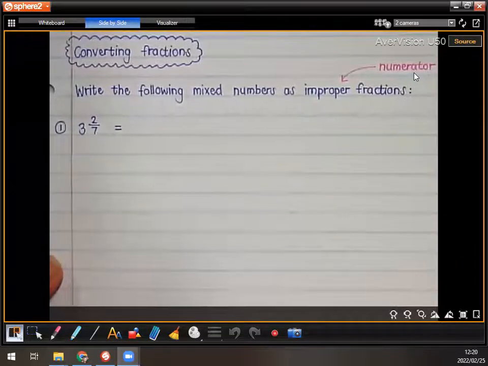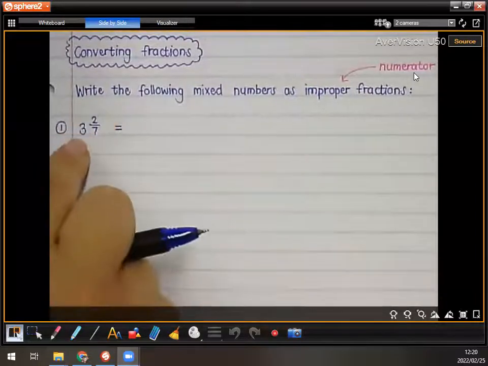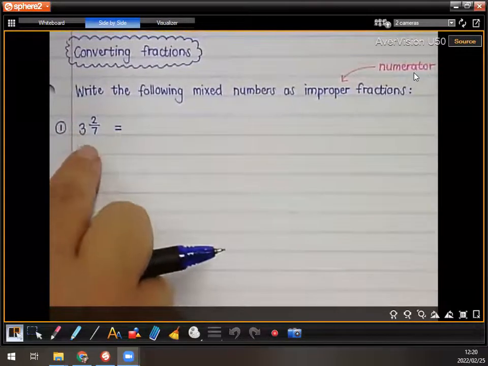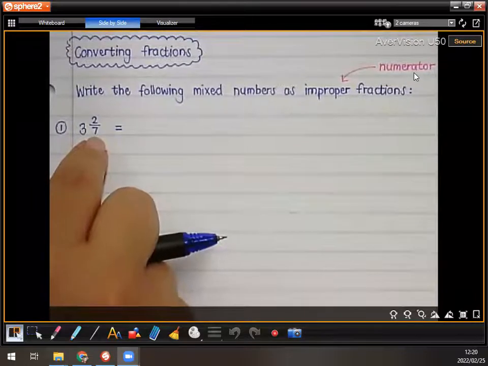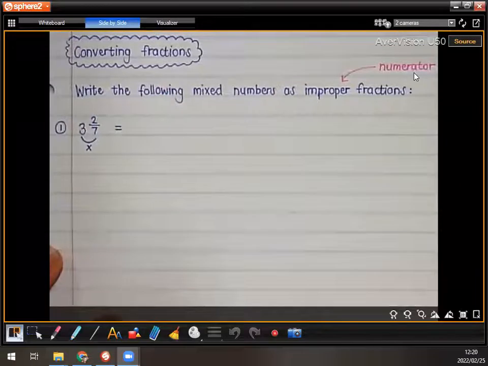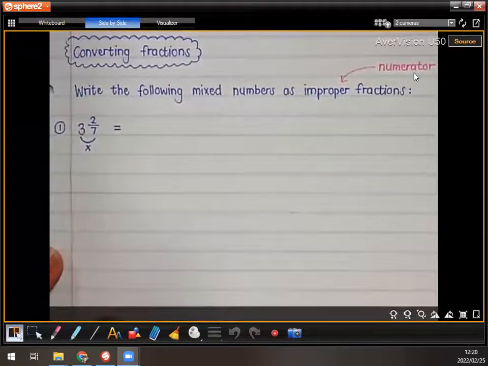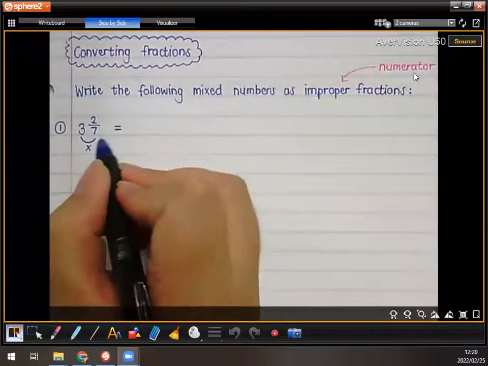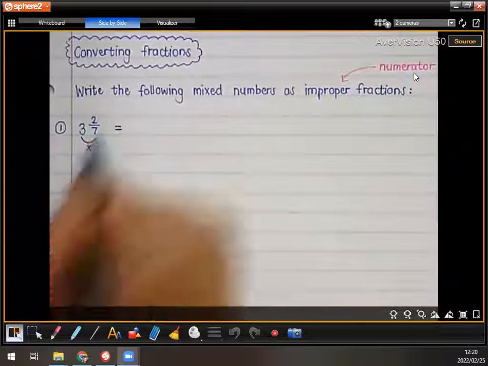Okay, so guys, you always take the number in front because that's a whole, right? So the 3 here in front, going to multiply that by the denominator. Yes? So do a little thing there to show that your times are there. What is 3 times 7? 21.